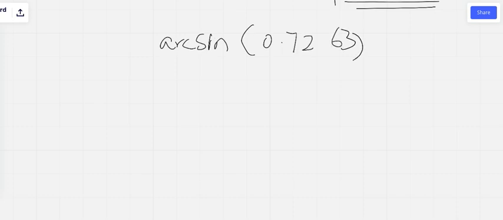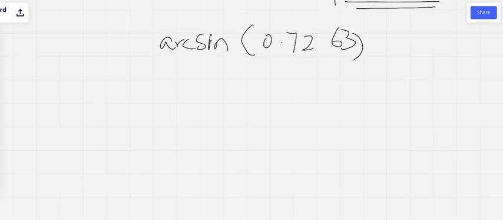Now we are getting into a calculator problem. If I write arc sine of 0.7263 on a calculator, you will type in sine inverse of it.